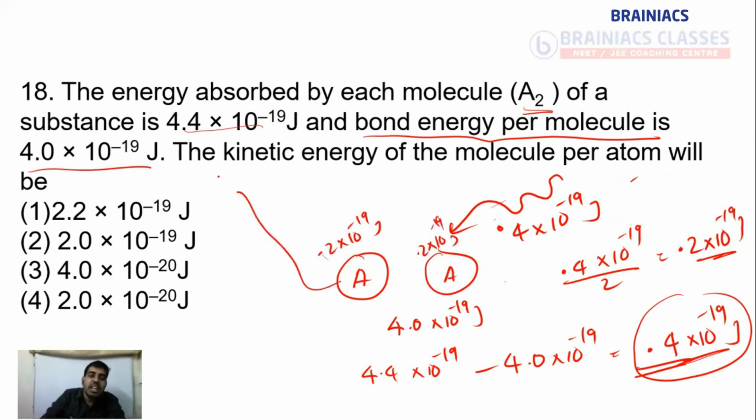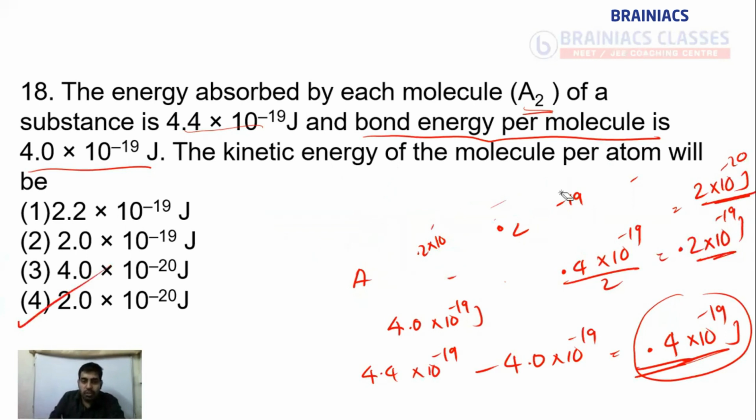By using this energy, they will move. That is the kinetic energy. So the kinetic energy per atom will be 0.2 into 10 raised to minus 19 joules, or you can write it as 2 into 10 raised to minus 20 joules. Answer option 4.